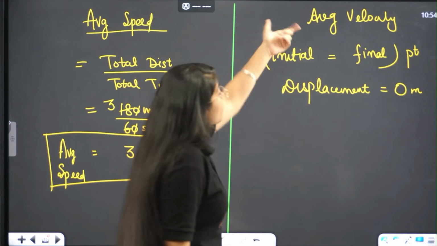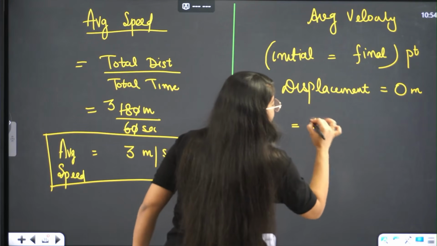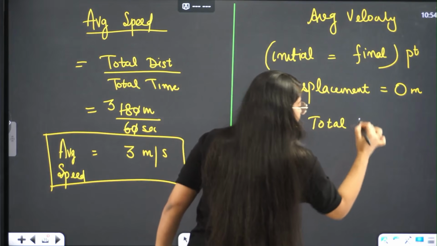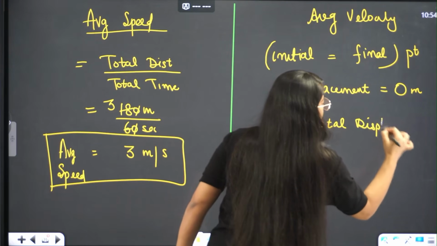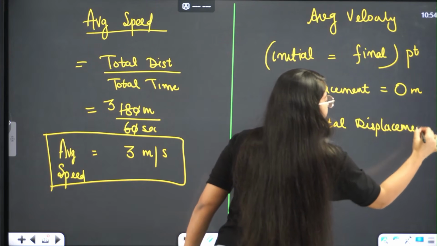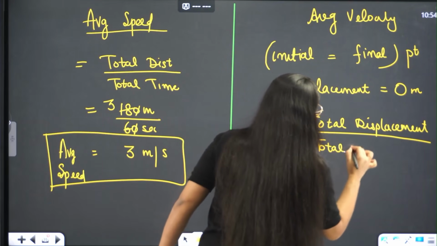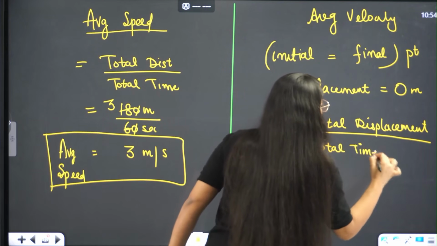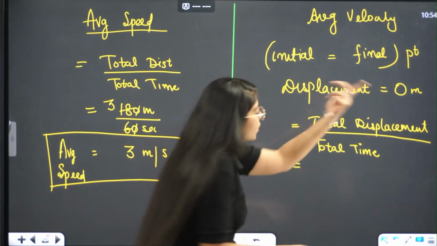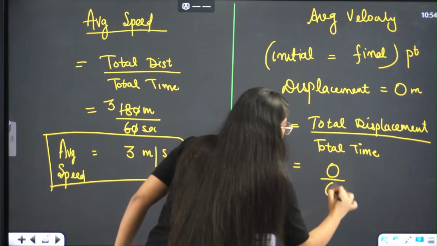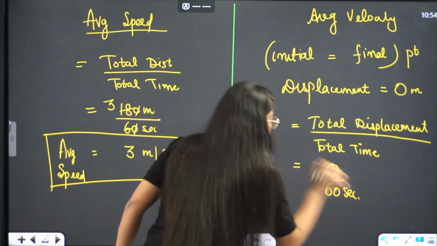Understood? Now what was the formula of average velocity? It was total displacement by total time. Understood? So total displacement is what now? It is 0. Time is whatever. She still took 60 seconds to cover it.